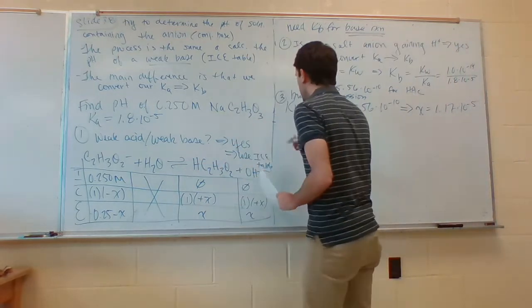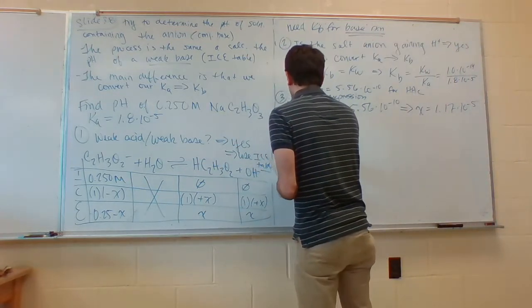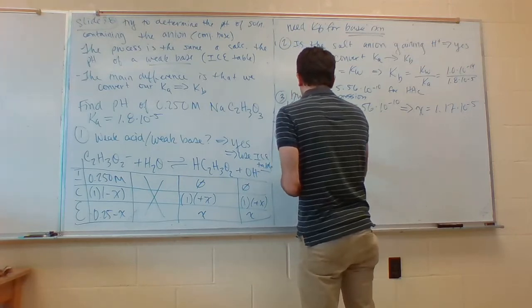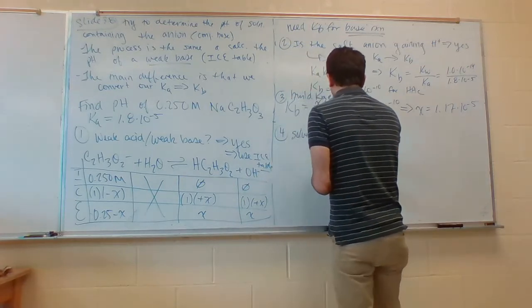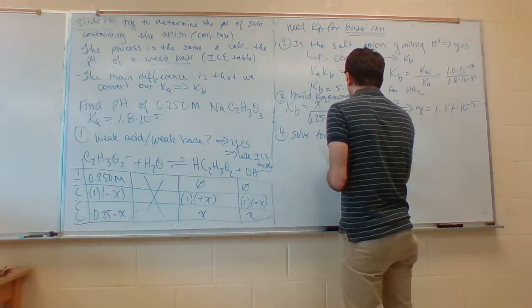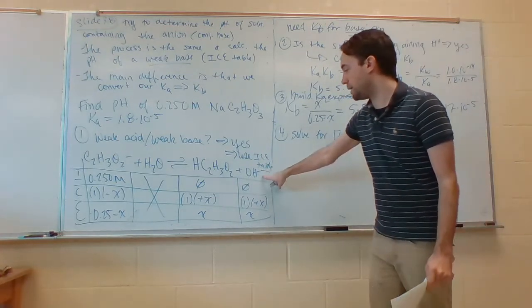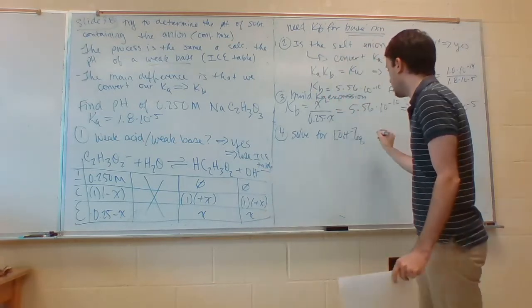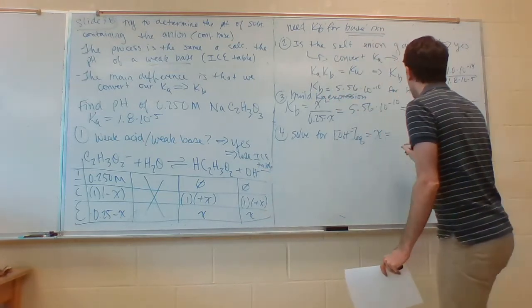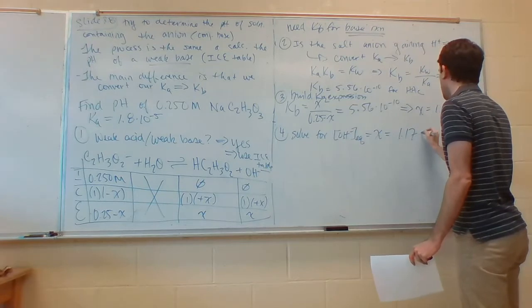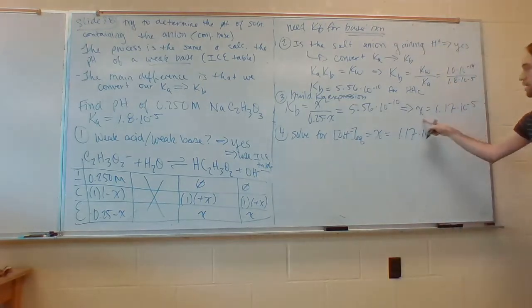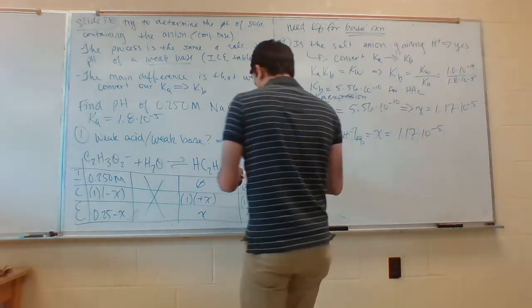Since this is a basic table, I'm going to solve for my equilibrium concentration of OH minus. So I'm looking at my OH minus concentration at equilibrium, so I know that's equal to x, which is equal to 1.17 times 10 to the negative 5th, because we just found what x was.